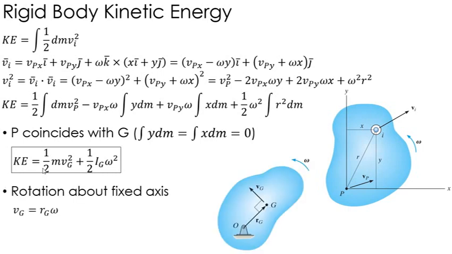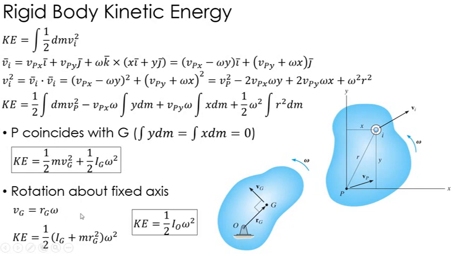Okay. Now, I can do this about a fixed axis. When I do that, the velocity of the center of gravity is basically the angular velocity times the distance from the point to the center of gravity. Plugging that into my kinetic energy equation and manipulating things around, recognizing that the term within the parentheses is the moment of inertia about the point of pure rotation, I can reduce the kinetic energy simply to 1/2 I_O omega squared, where O is a point of pure rotation.